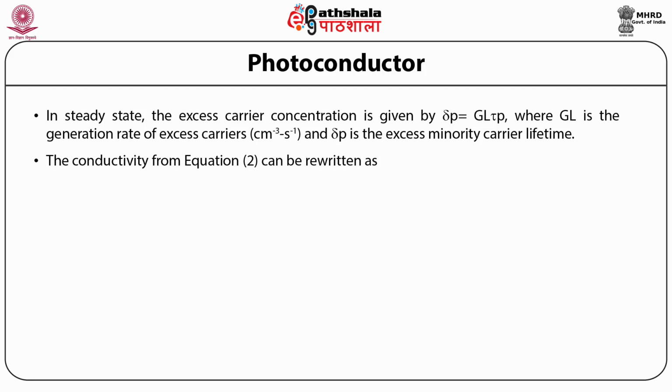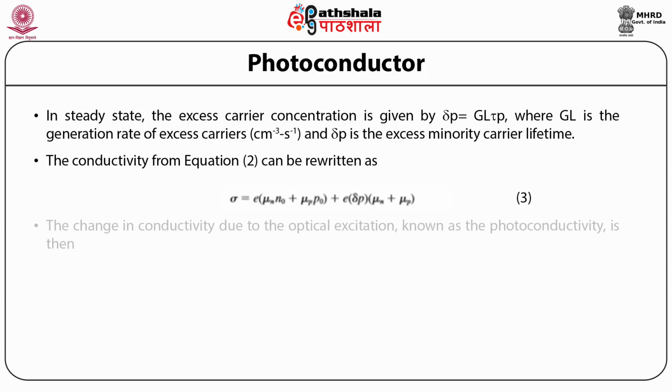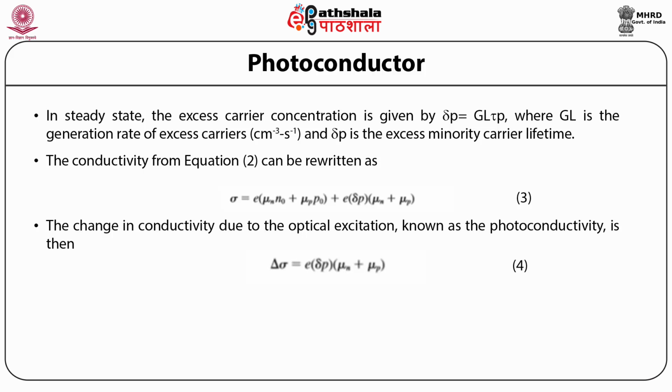So the conductivity from the previous equation can be rewritten as sigma equal to e multiplied by mu n n naught plus mu p p naught plus e multiplied by delta p multiplied by mu n plus mu p. The change in conductivity due to the optical excitation is known as photoconductivity, which is given by delta sigma equal to e multiplied by delta p multiplied by mu n plus mu p.